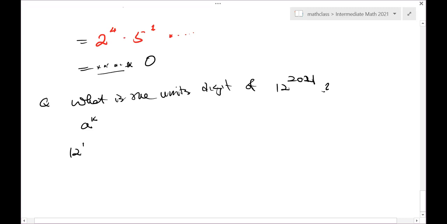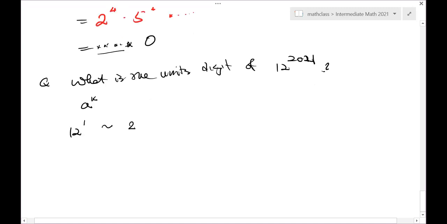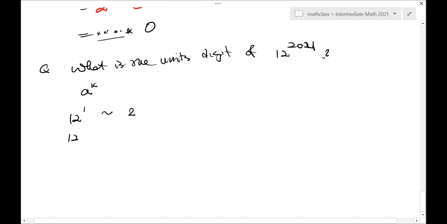12 to the 1, and the last digit is going to be 2. I'm going to just write 2 here. Then 12 squared: 2 times 2 is 4, so the units digit is going to be 4.